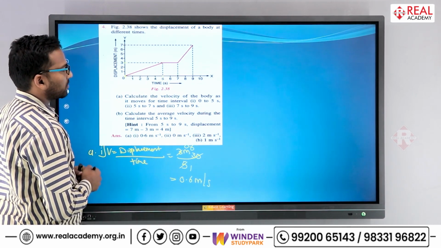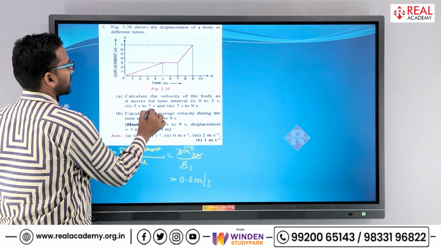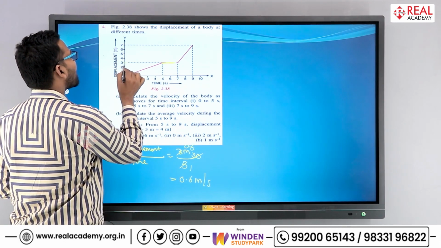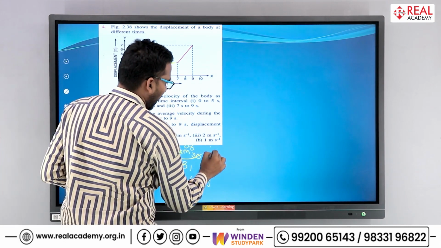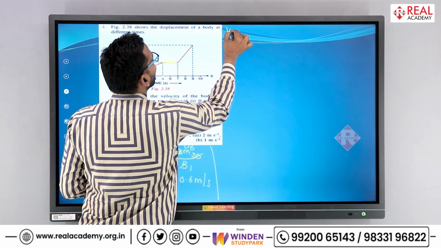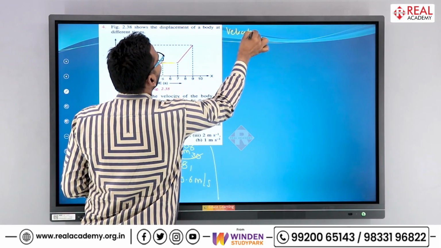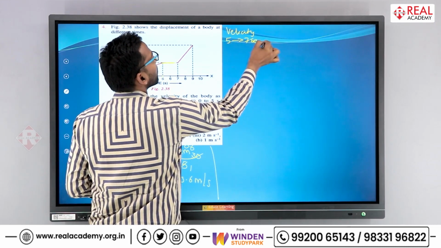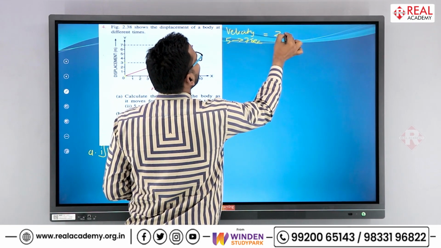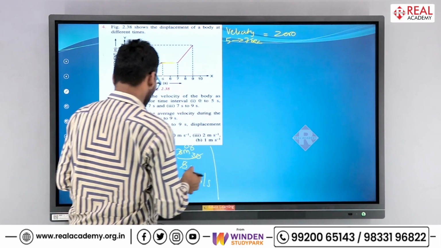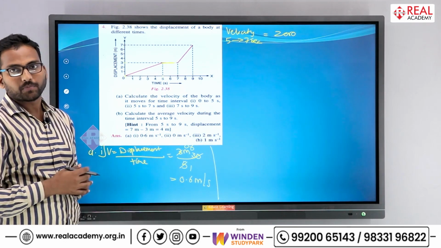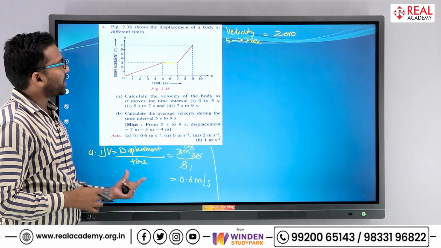And what about velocity for 5 to 7 seconds? For 5 to 7 seconds, the displacement is 0. Then the velocity for 5 to 7 seconds will also be equal to 0, because the formula given here is displacement upon time.